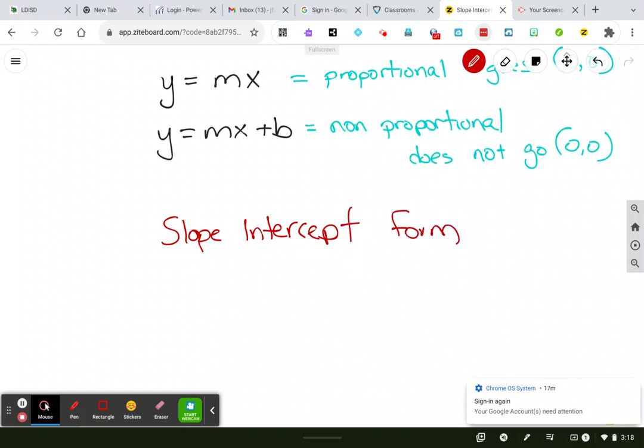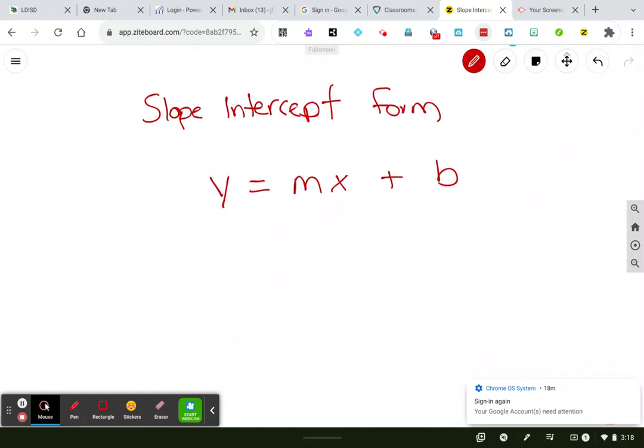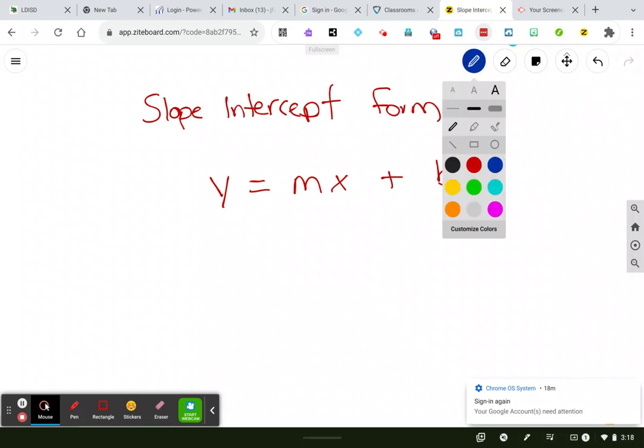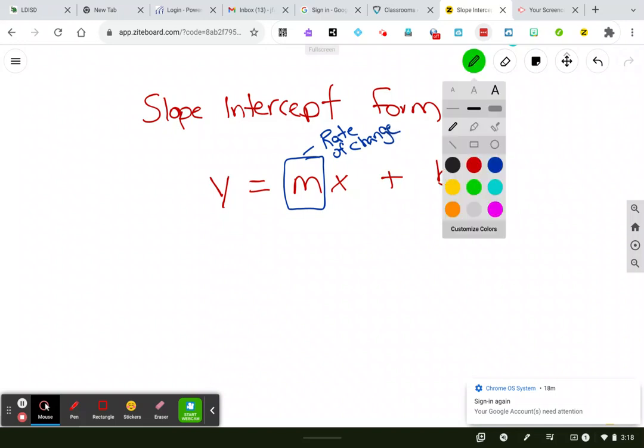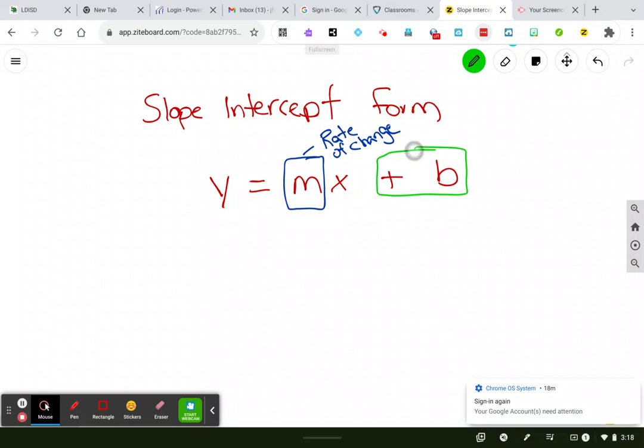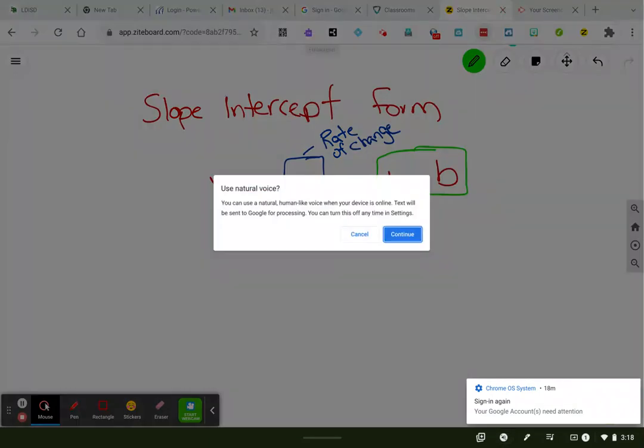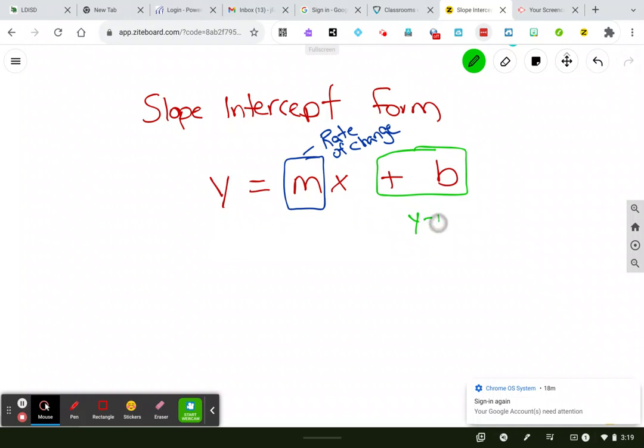You've got y equals mx plus b. This is your rate of change. This number right here tells you where it crosses the y-intercept.